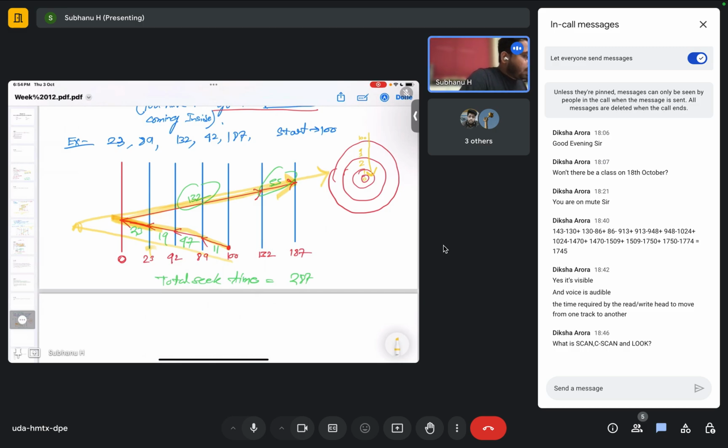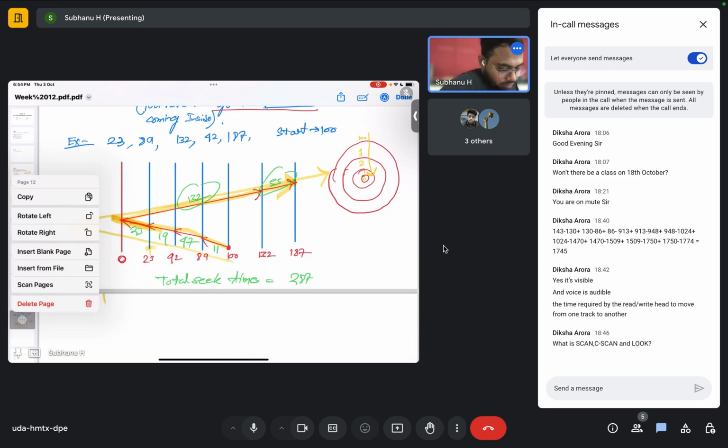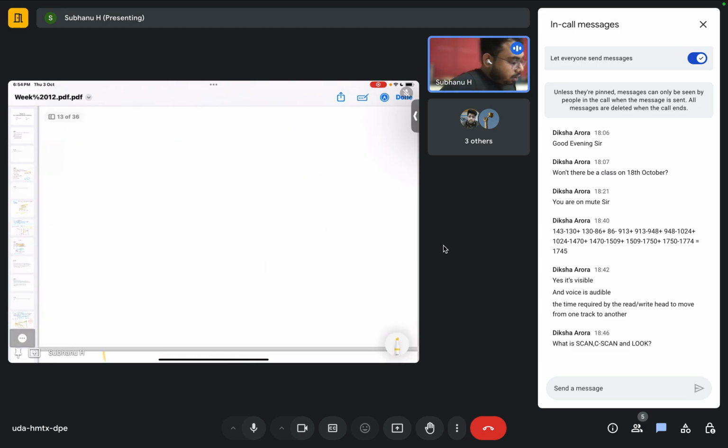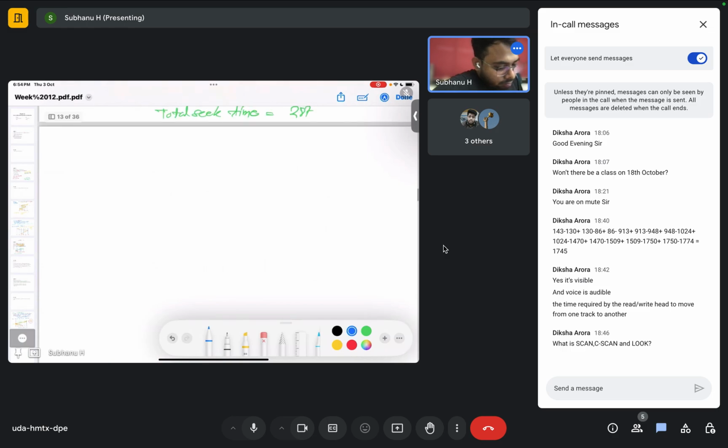And we have C-SCAN. In C-SCAN, C stands for circular.